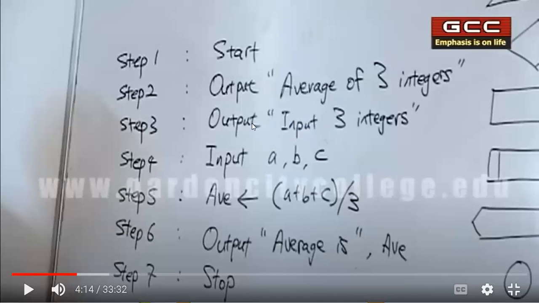All right, so you write the word step 3 colon output, open quotation, input value of resistance and value of current.